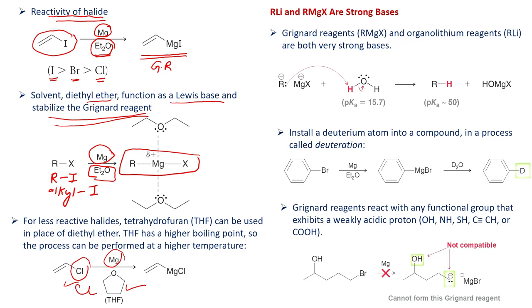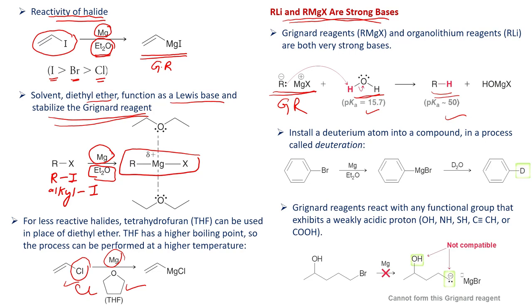Now we will come to some reactions of organolithium and organomagnesium compounds. Your Grignard reagent reacts very fast with water and will give you alkane. You can see the difference of pKa is very high, so this reaction is irreversible.